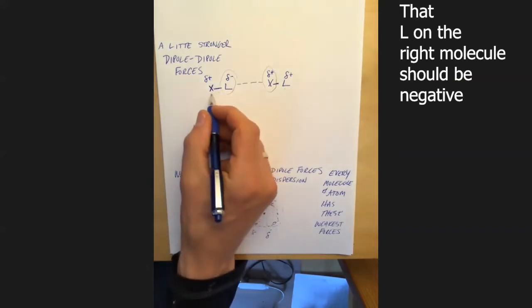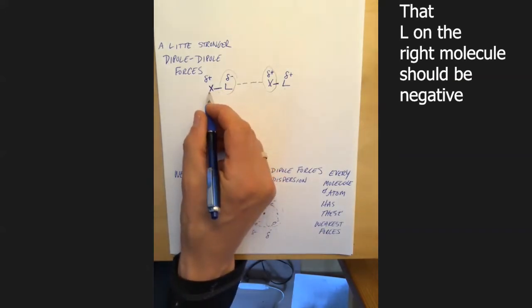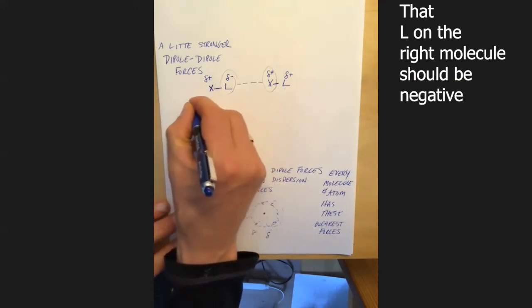So this comes from, you remember, we had a conversation not long ago about electron affinity. Related to electron affinity is a concept called electronegativity.